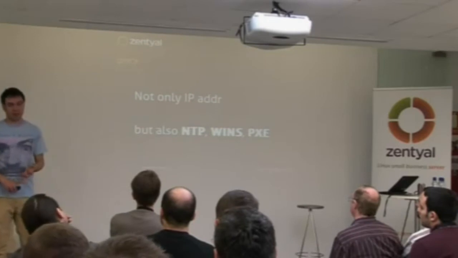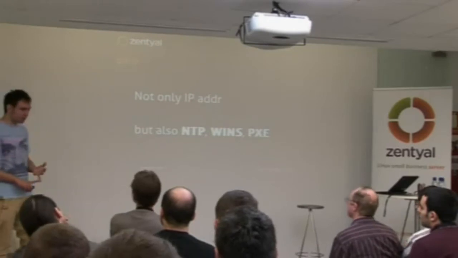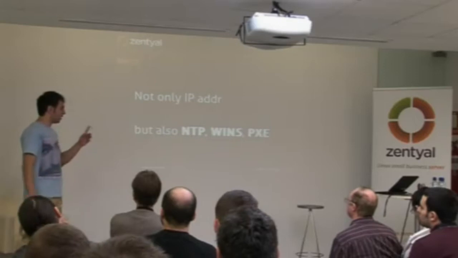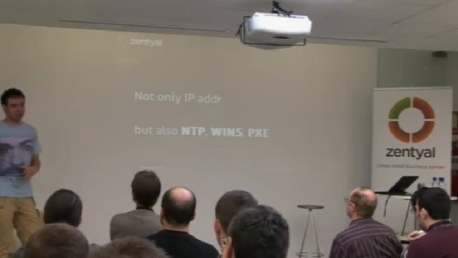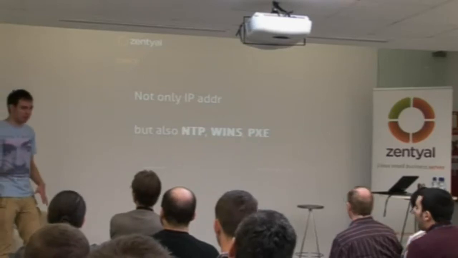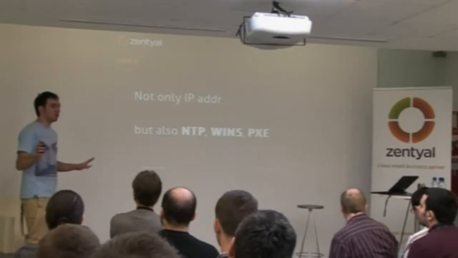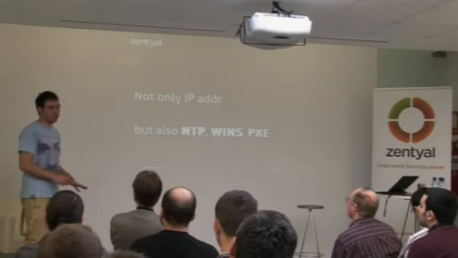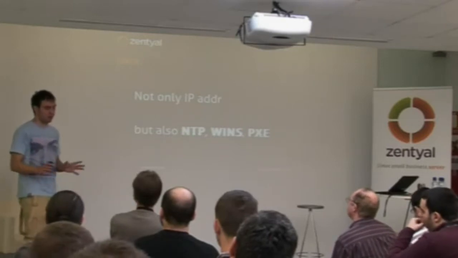WINS for Windows name resolving, and PXE, like booting from network, different devices like VoIP phones, time clients, all these kinds of things. So DHCP is not only for configuring IP addresses, but all these things.